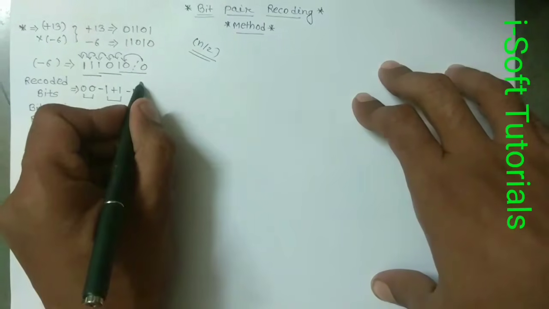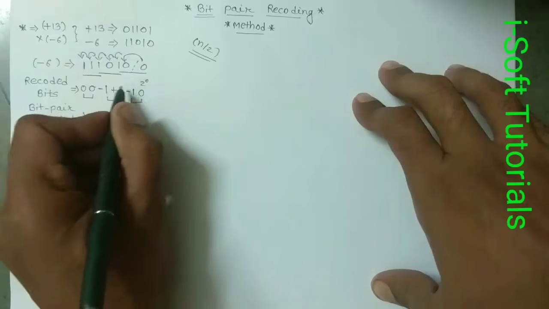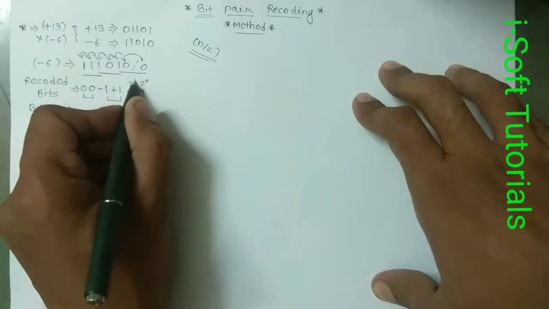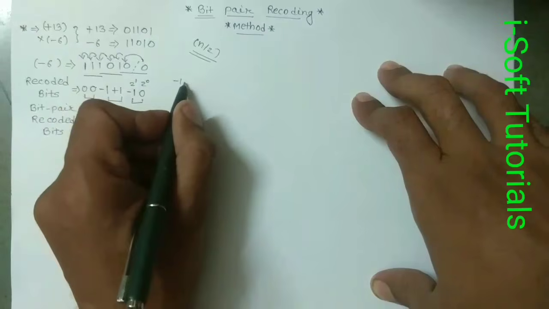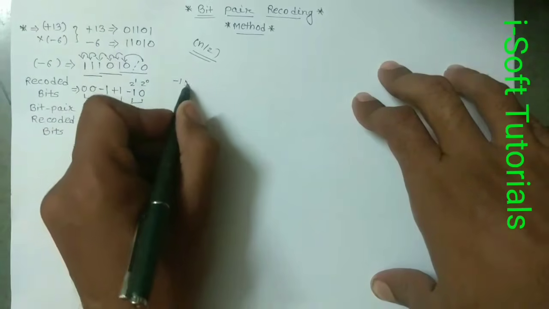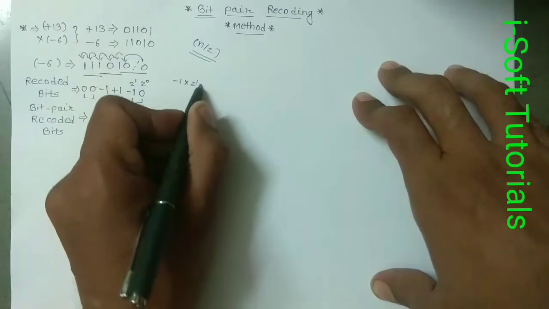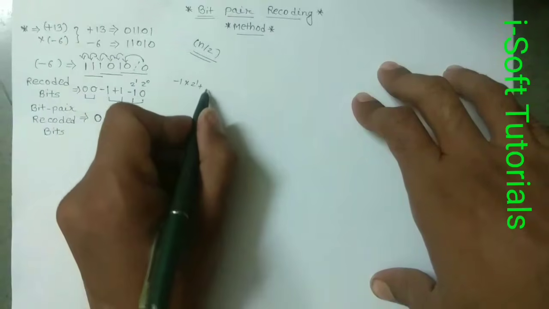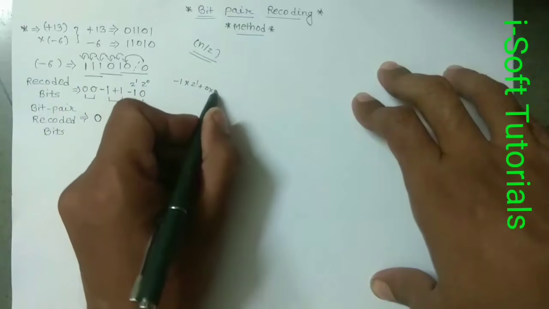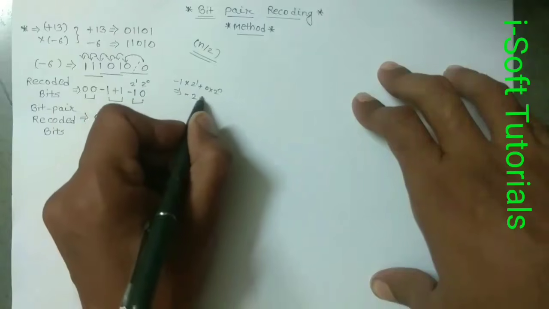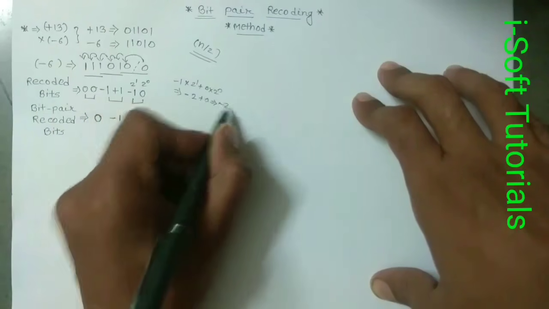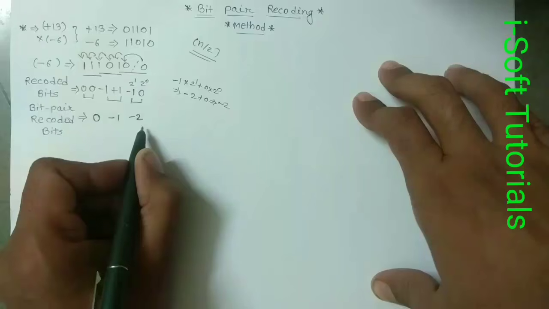So here you can consider this is position number 0, so 2 raised to power 0, position number 1, so 2 raised to power 1. So if you calculate this minus 1, 0, so minus 1 into 2 raised to power 1 plus 0 into 2 raised to power 0. So you will get minus 2 plus 0 equals to minus 2. So we got here minus 2.